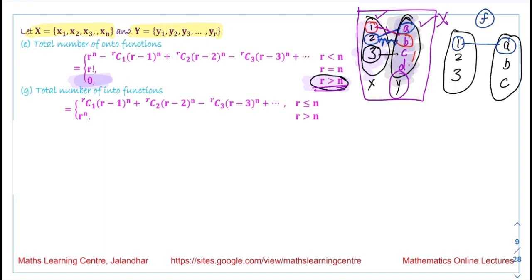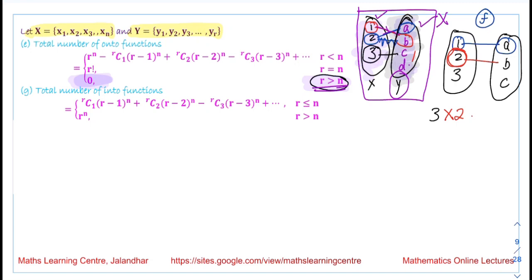In how many ways can 1 be mapped? It can be mapped in 3 ways: either to A, to B, or to C. Now in how many ways can 2 be mapped? It can be mapped in only 2 ways, either to B or to C.